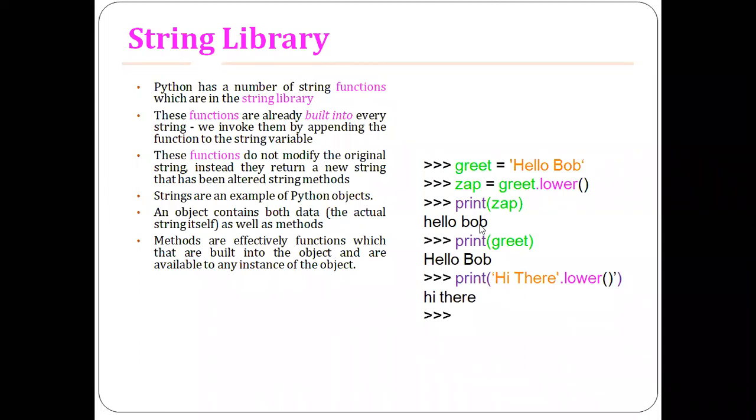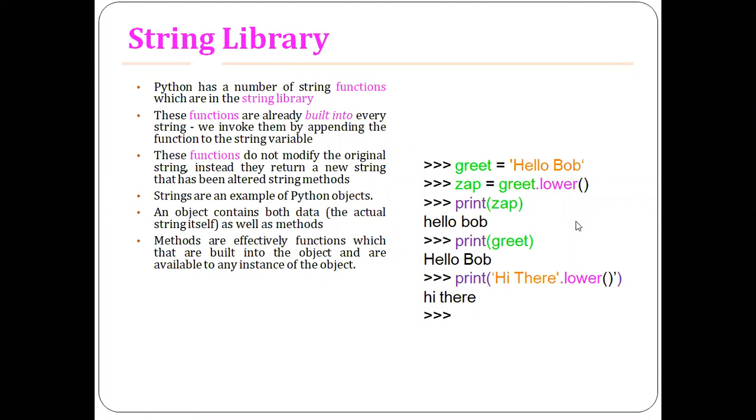Let us look at this example. There is one string object called greet, equal to "Hello Bob". We use a library function called lower, which converts all the characters in a given string object into lowercase letters.